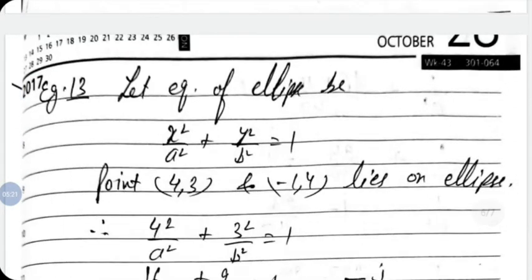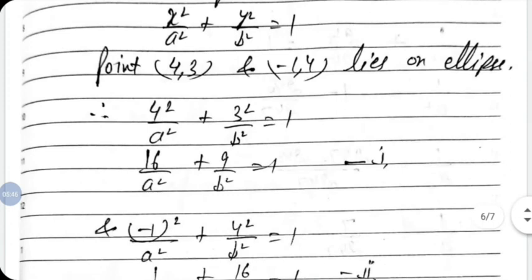In example 13, we are given the ellipse with the major axis as the x-axis, meaning the horizontal ellipse, and the points 4, 3 and minus 1, 4 lie on the ellipse. So we place the values of x and y as 4, 3 and then minus 1, 4. Placing them, the first equation becomes 16 upon a square plus 9 upon b square is 1.